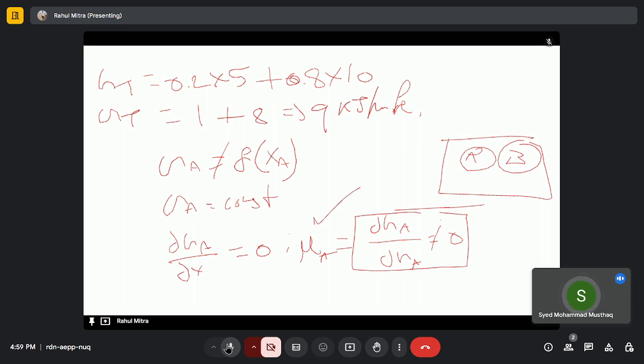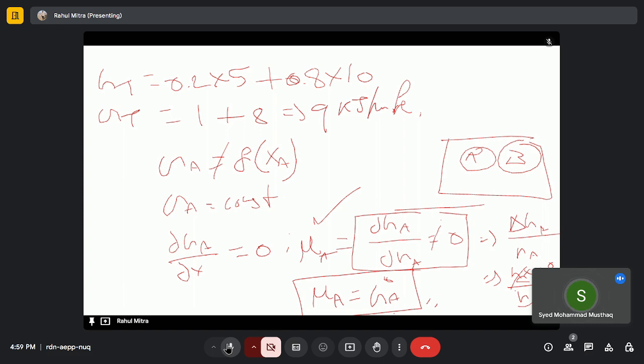That is our chemical potential. And if you're talking about mechanical mixtures, it simply turns out to be just G naught of A, the pure form of A. The ∂GA by ∂NA terms cancel, and this turns out to be G naught of A.